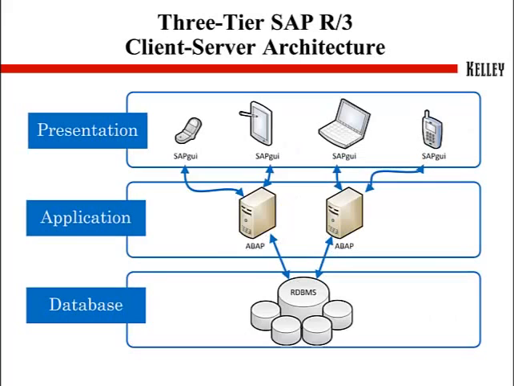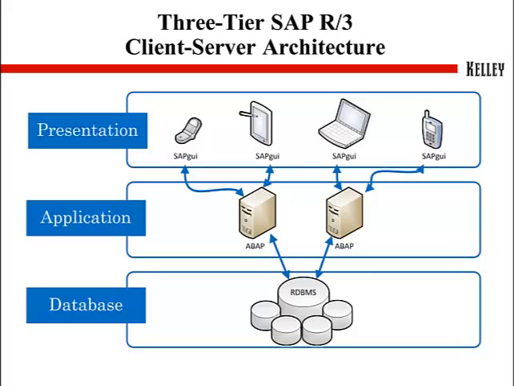Let's move on to something a little bit more complicated. The three-tier SAP R/3 ERP client-server architecture would look something like this. The presentation tier would contain all of the user views, and these views would be created by a software called SAP GUI.